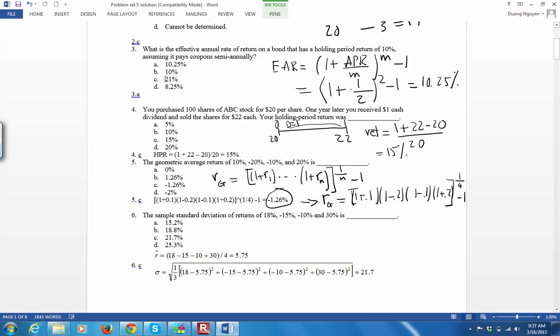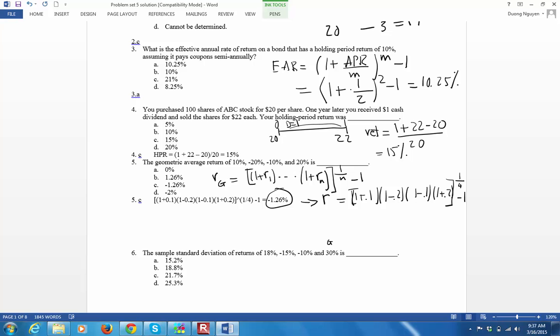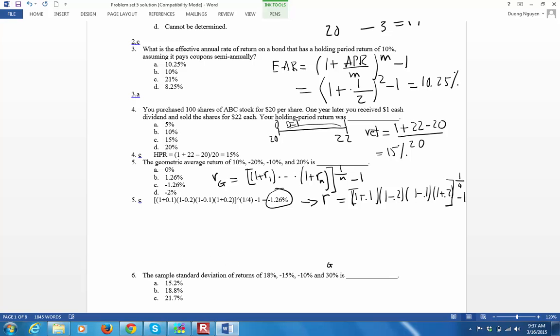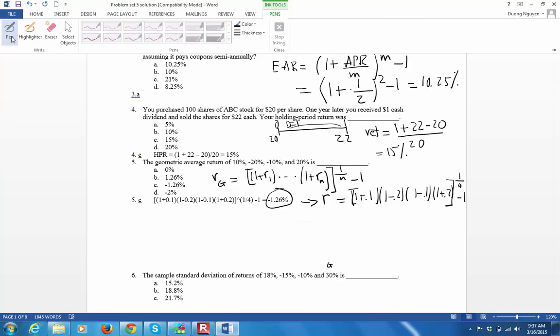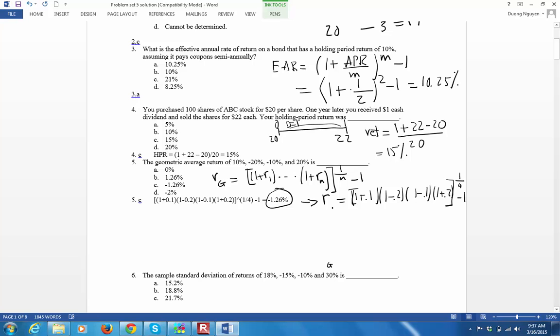Now, what does it mean, negative 1.26%? So you have RG equal to basically negative 1.26%.